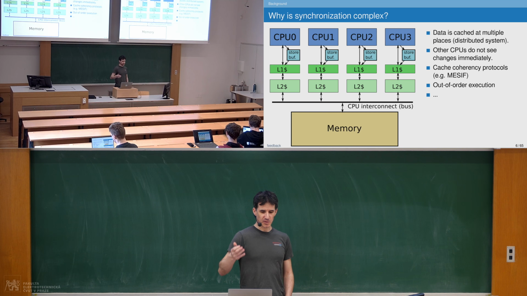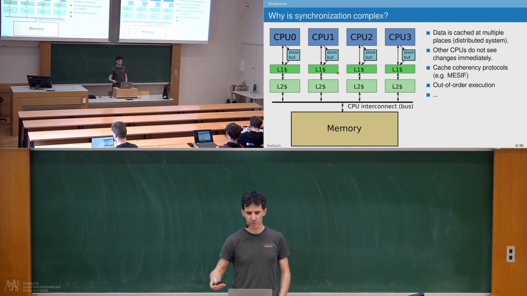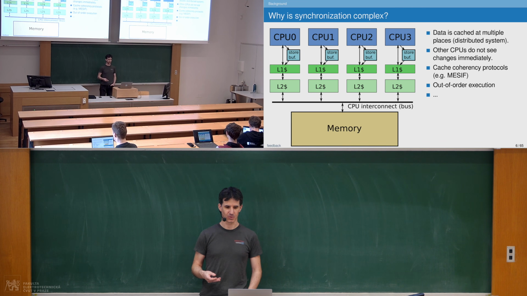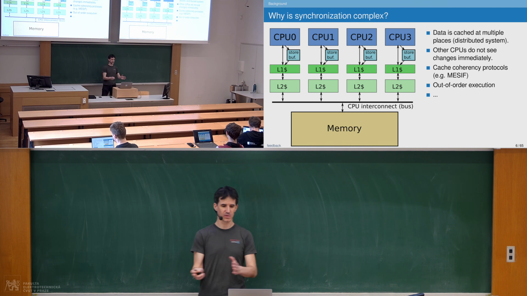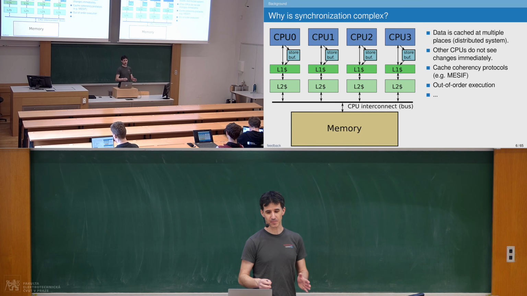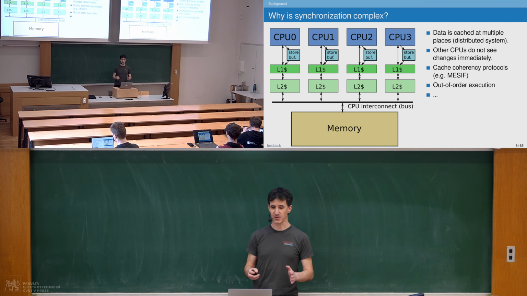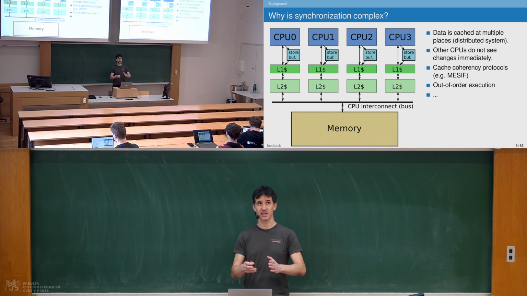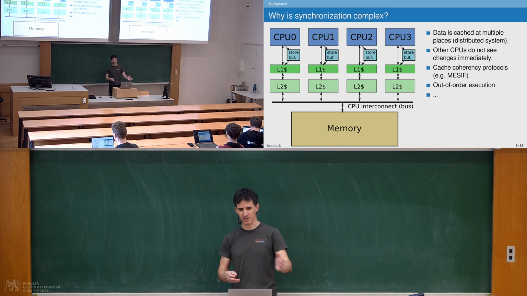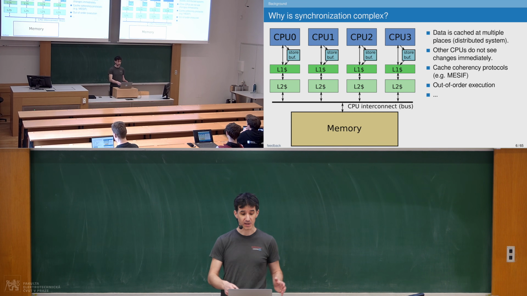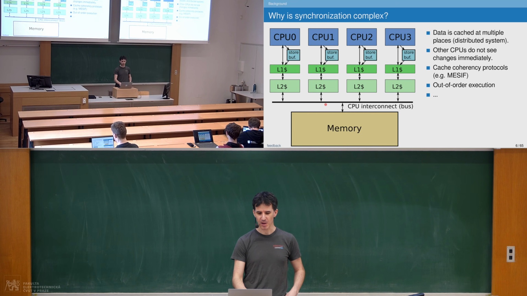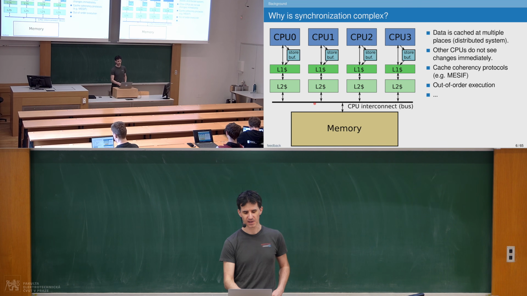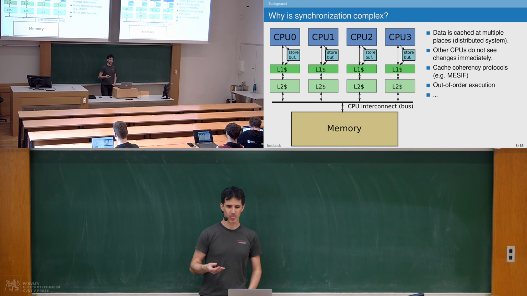So the CPU is the fastest if all the data is located in its local cache memory. There is no communication with other CPUs in the system. Once you have to communicate with other CPUs, and by this communication we just mean reading or writing memory, because reading and writing memory here is just communication in this system using this interconnection bus, and so on.